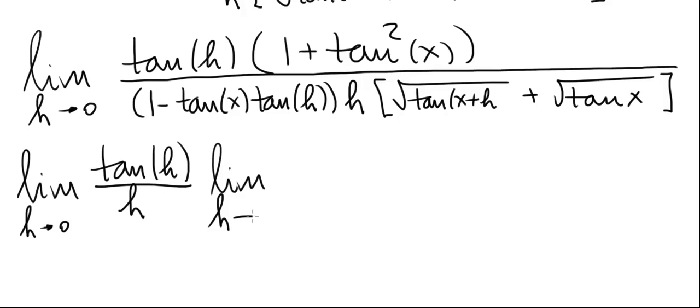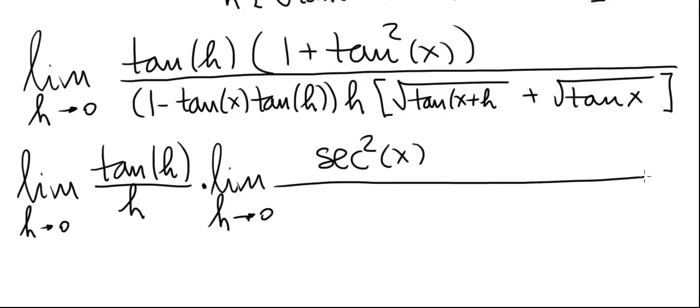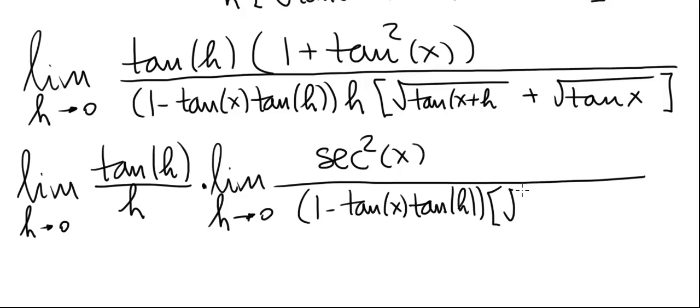So this is the limit as h goes to 0, times we have 1 plus tangent squared, that's secant squared of x. In the denominator, we have 1 minus tangent of x times tangent of h times the square root of tangent of x plus h plus the square root of tangent of x.